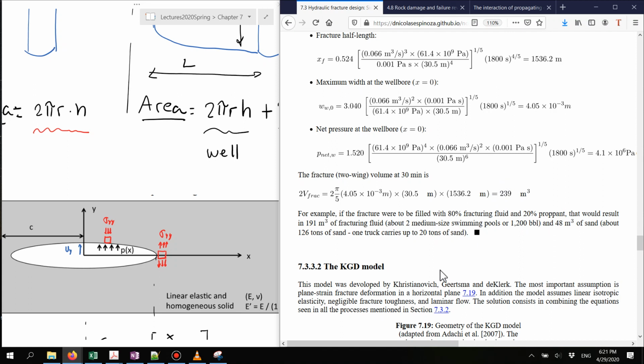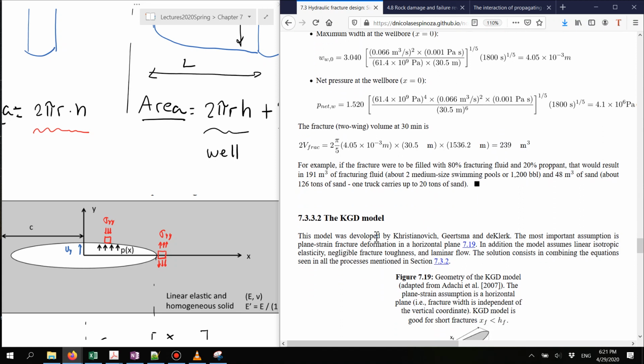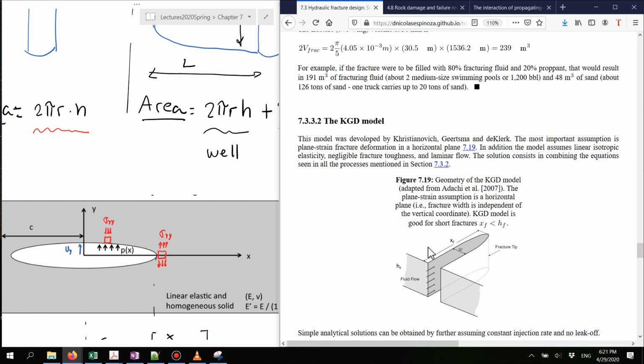Another model available for solving this simple planar hydraulic fracture is the KGD model. In the KGD model, the assumption of the fracture shape is a little bit different.